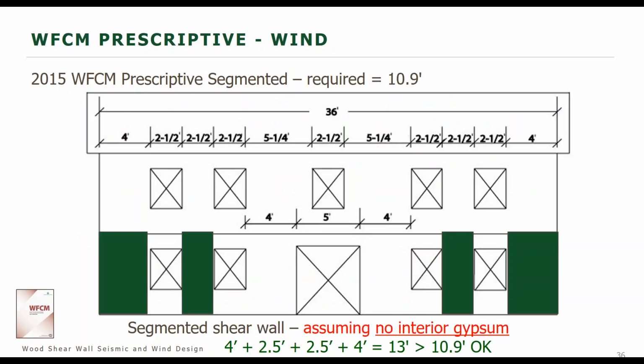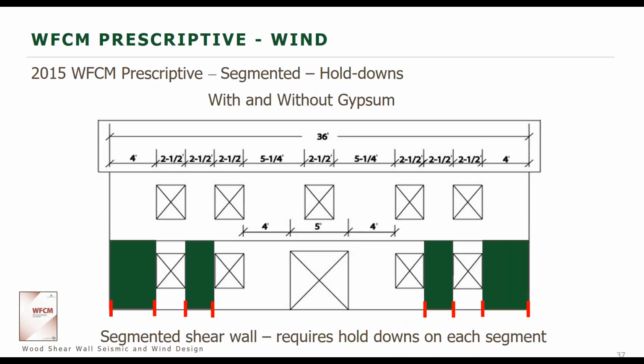So again, if we have our full height sheathing segments laid out as such, we're still exceeding that 10.9 feet, so we're okay. So our segmented shear wall would look like this, and again, we have to have hold downs on each individual segment.